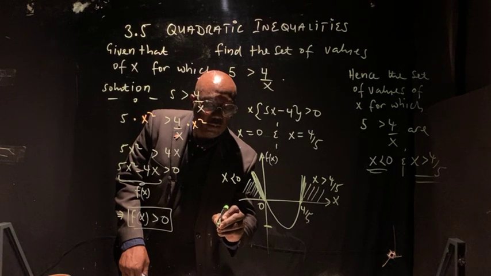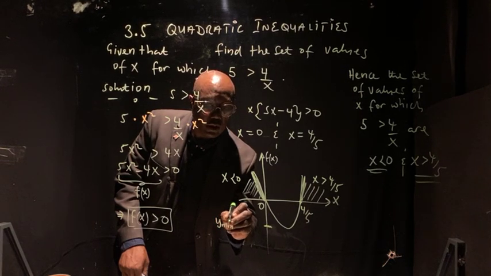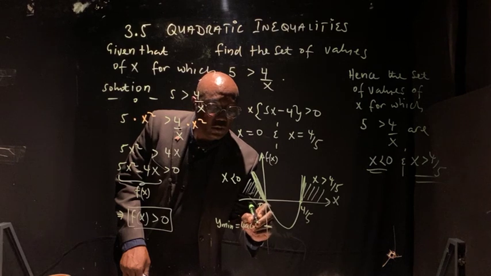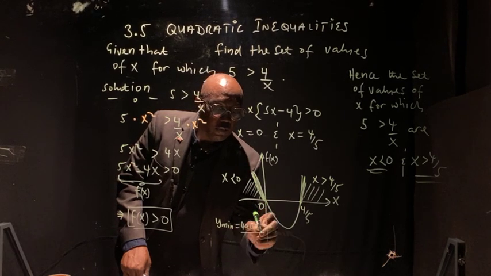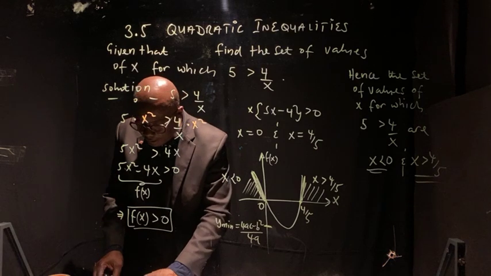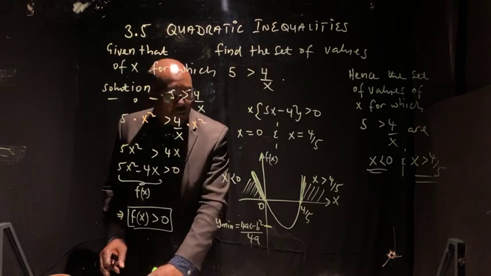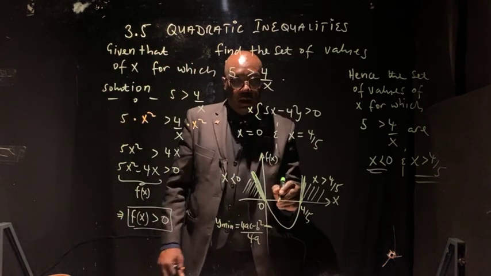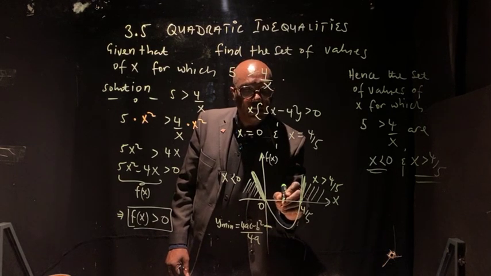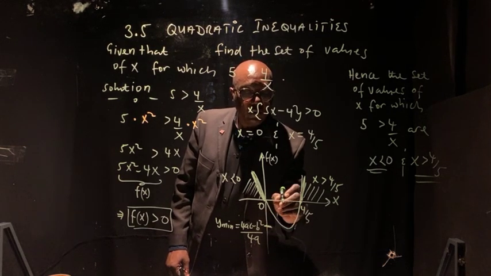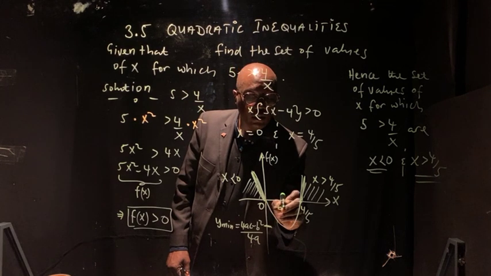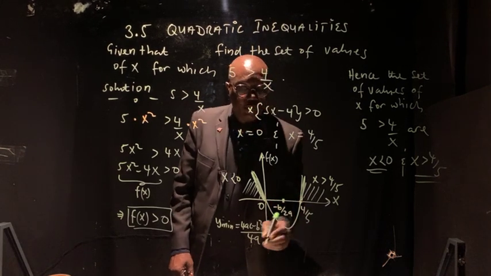Y minimum is equal to 4ac minus b squared over 4a. Can you see it? I believe you can see it. This is y minimum. And the symmetry occurs at where x is negative b over 2a.